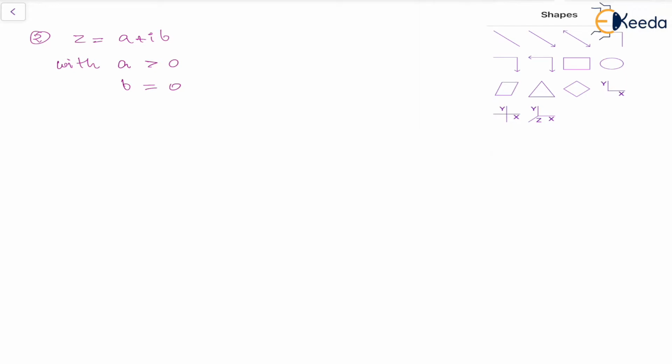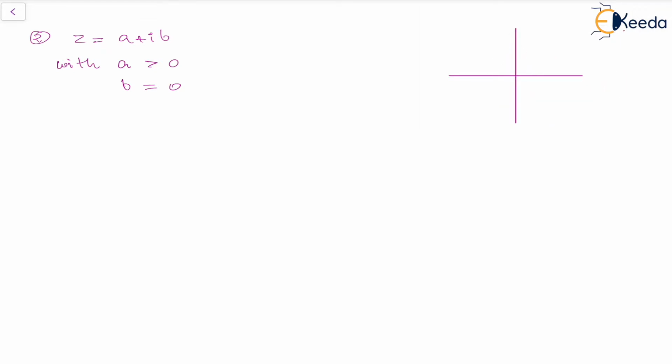Now, we'll see one more part of it, and that is z equal to a plus ib with a greater than 0 and b equal to 0. For this case, we can see that z will lie on the positive real axis, that is the x-axis.